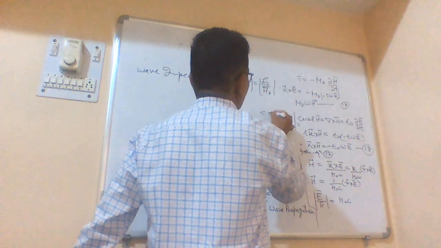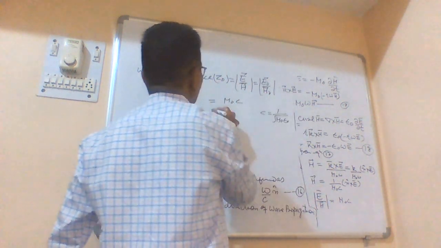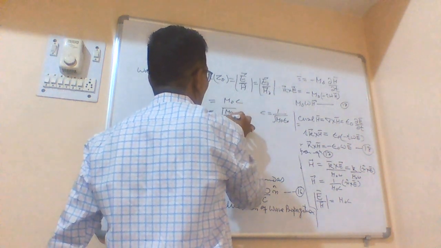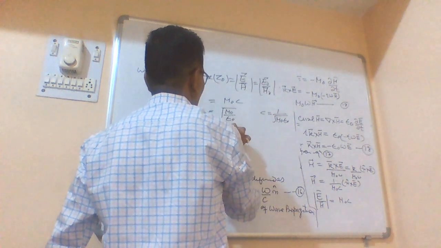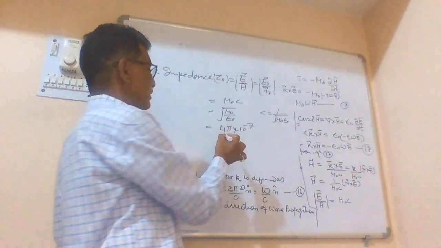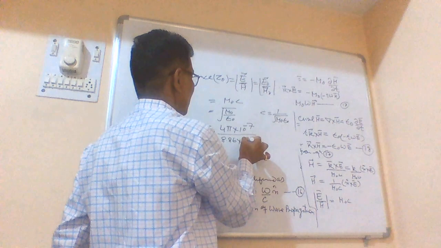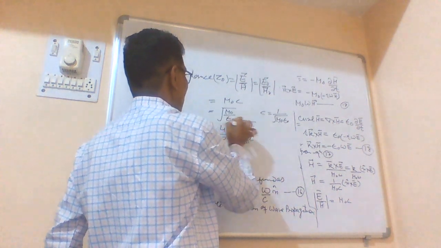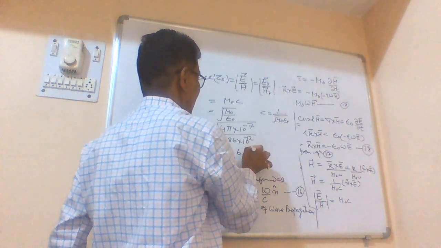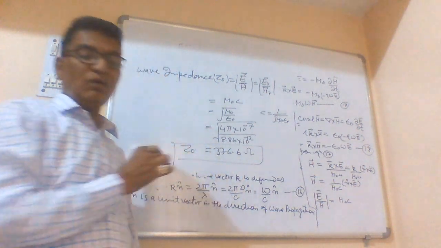The value of c is 1 upon under root mu naught epsilon naught. So here we have under root mu naught upon epsilon naught, with mu naught 4 pi into 10 to the power minus 7 and epsilon naught 8.86 into 10 to the power minus 12. It comes out as 376.6 ohm. This is the value of wave impedance of free space.